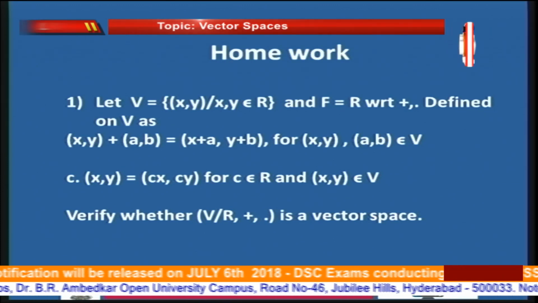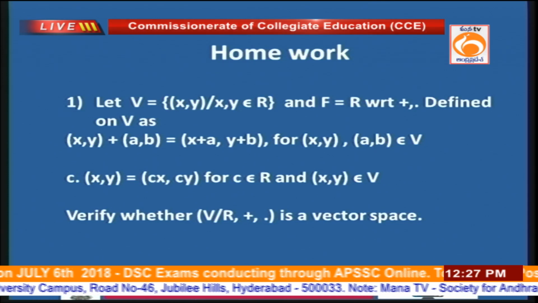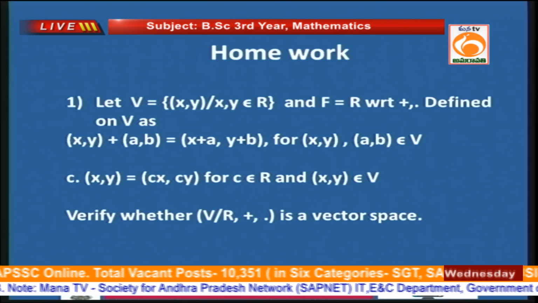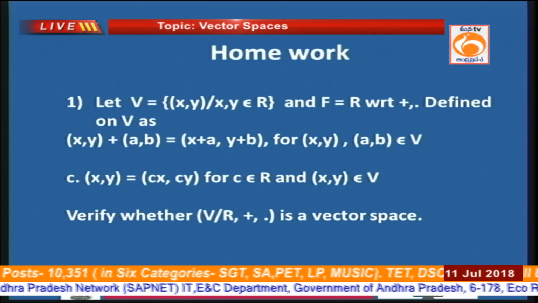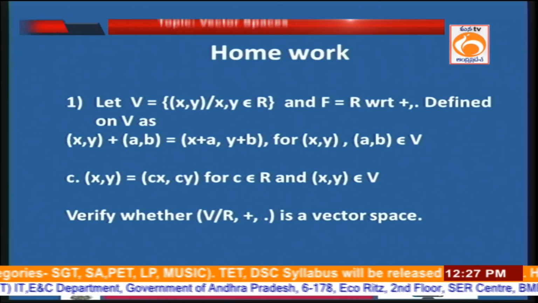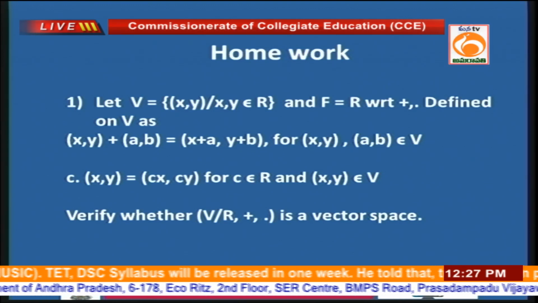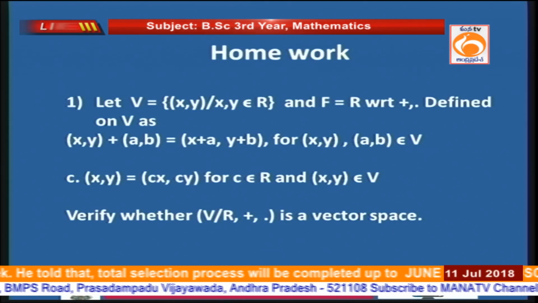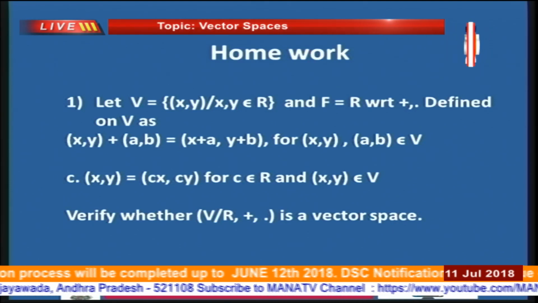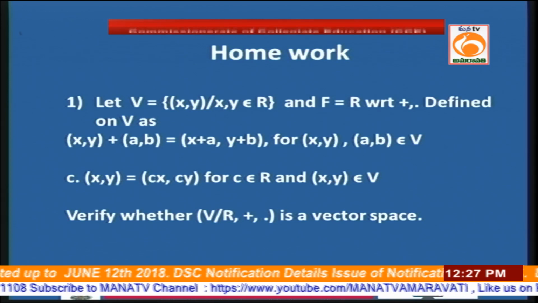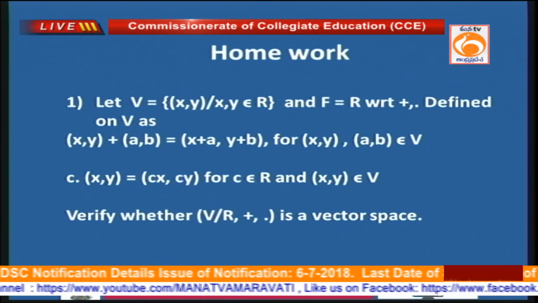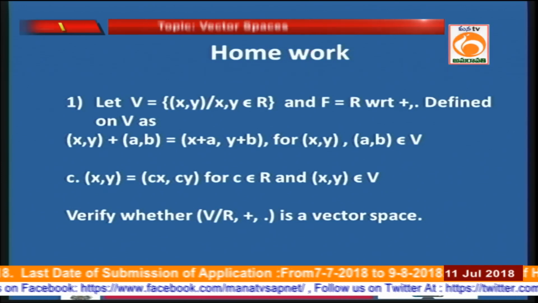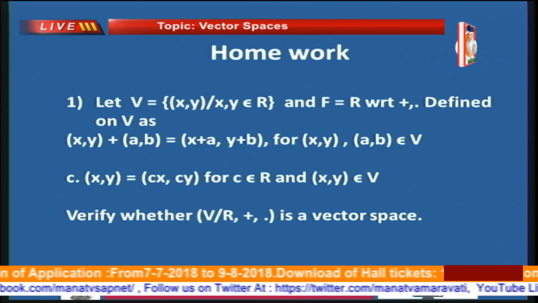Now, look at the first problem. Let V be the set of all ordered pairs x comma y, where x and y are real numbers, and F is the usual field of real numbers, and plus and dot are defined on V as follows. I am defining an addition on V: take 2 ordered pairs x comma y and a comma b. How are they added? x plus a comma y plus b. So, simply coordinate-wise addition, the first coordinate is added to the first coordinate, the second coordinate is added to the second coordinate.